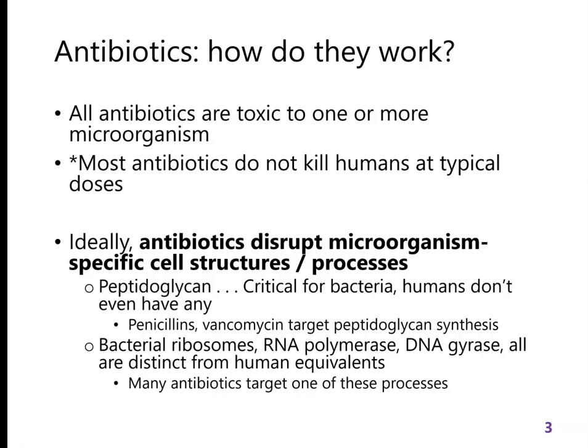That's the idea. And so the key here is that an antibiotic has to target something in a microorganism that we don't have. It has to target something in a microorganism and damage that thing without damaging the same thing in us. So that means there has to be something in the microorganism that's different from what's in us.